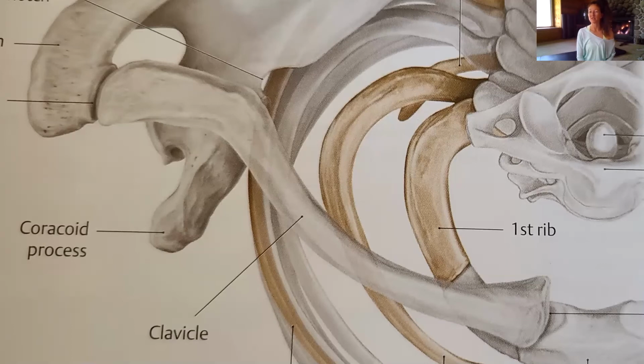So that as the neck string pulls up, the thoracic string pulls down and they pull out and then release.